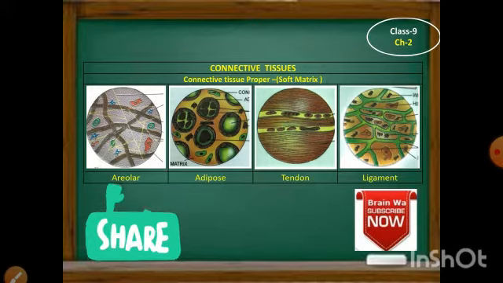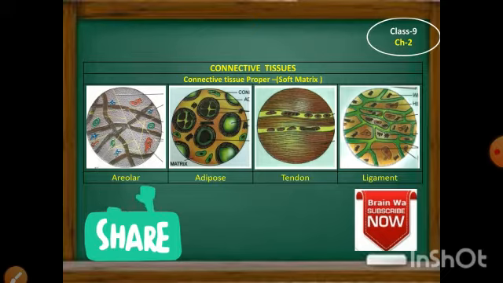The matrix is transparent, gelatinous, and streaky. It is the most abundant type of connective tissue, and it is a binding tissue between the organs. Areolar binds bone to bone, muscles to bone, skin to muscles, peritoneum to body wall, and visceral organs.